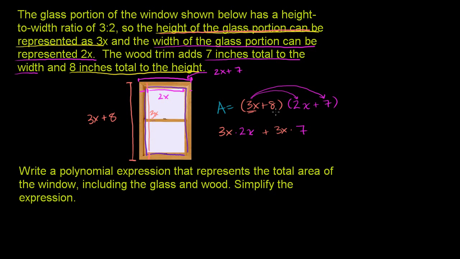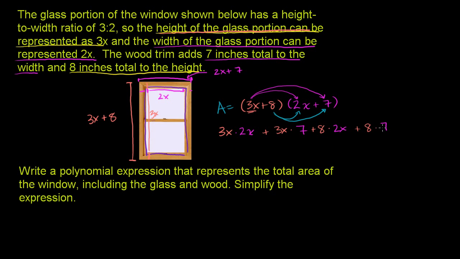And then you want to multiply this 8 times both of these terms. So plus 8 times 2x. And then plus 8 times 7.